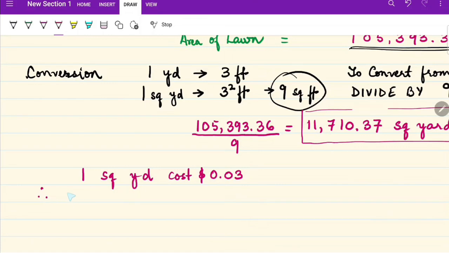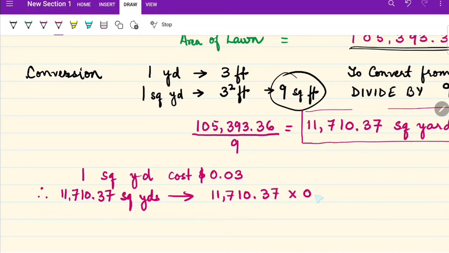Therefore, to cut 11,710.37 square yards, you just have to multiply with the 0.03, correct? So to get the answer, we have to take our 11,710.37, multiply it by $0.03, which should give us a value of 351.51.